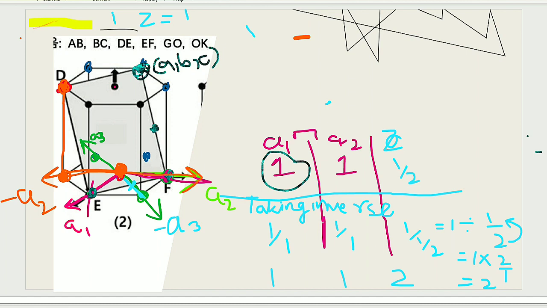Okay, we have got it finally. So H is 1, K is 1, and L is 2.